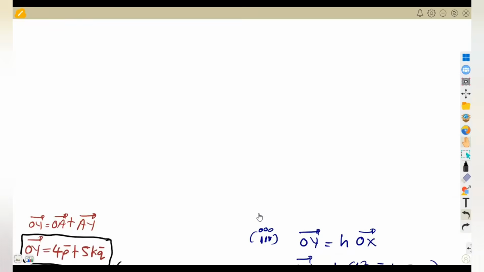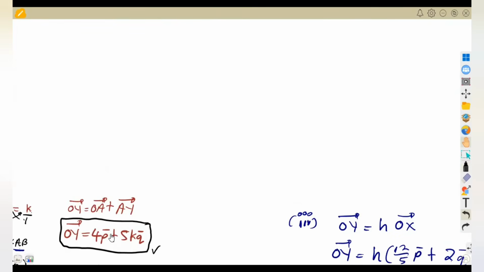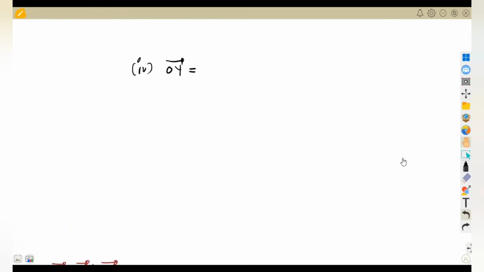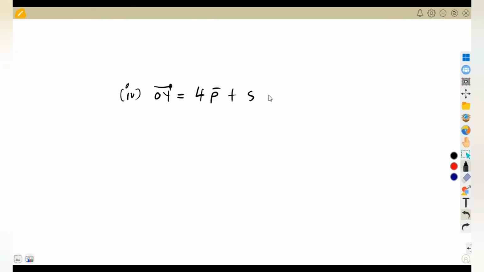So item 4, I'm just going to have it here separately. So remember the first vector that we had for OY, this one that we had in terms of K, it was 4P plus, we take this one as it is. So it was 4P plus 5KQ. All right, so this was 4P plus 5KQ like this. All right, you write the second vector OY, the one that we got now.